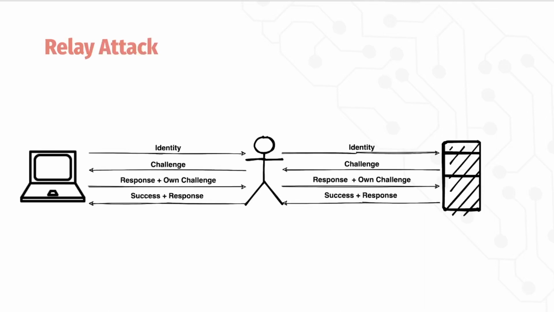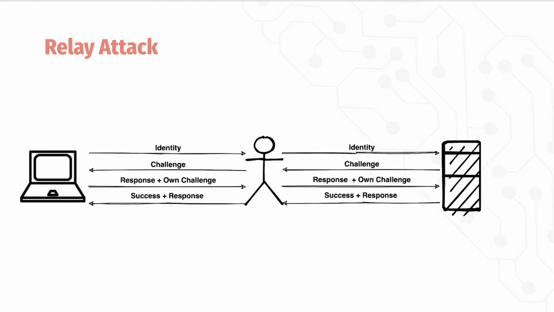What a relay attack is: you position yourself between the client and the server. You trick the client into connecting to you, much like we were doing before, but rather than handling that authentication yourself, for example calculating the response, you hand it off to a server that you would like to authenticate against.